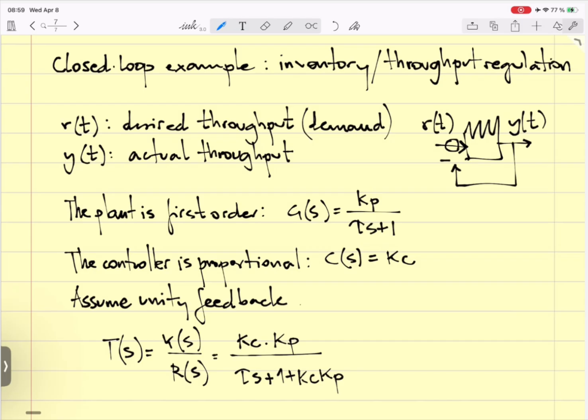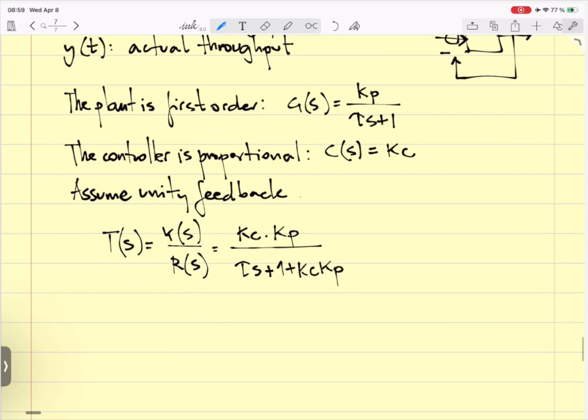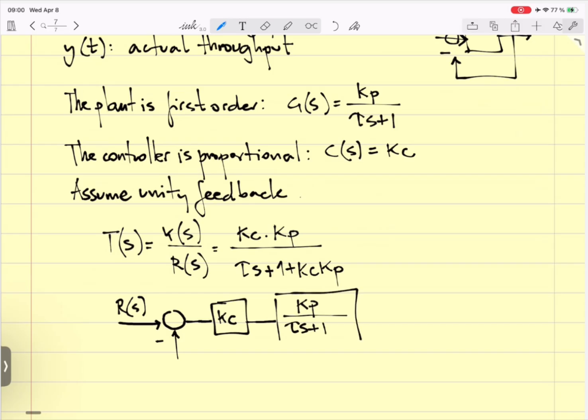Why is this? Let's do it more slowly. So we have R of S. We have here our controller, which is in reality a constant. We have our transfer function k sub p over tau s plus 1. We have our output.